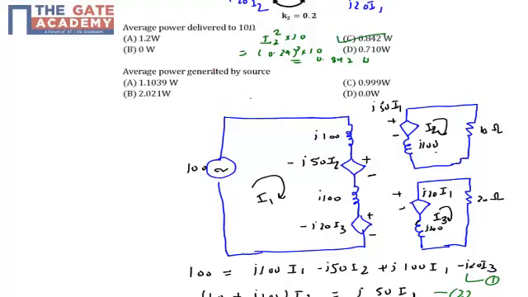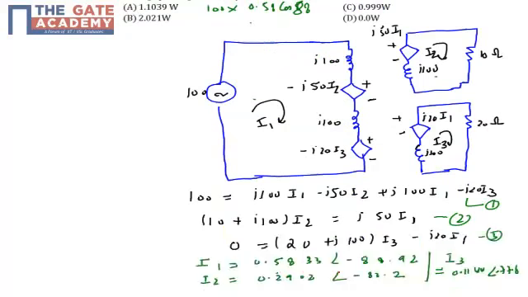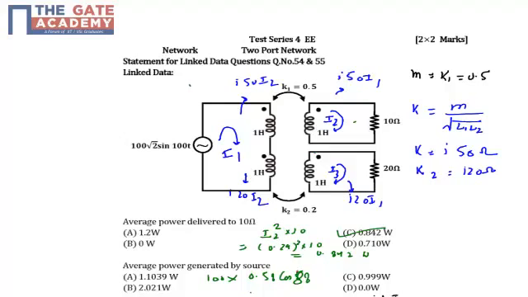And in the third problem, we need to calculate the power delivered by the source, the power generated by the source. The power generated by the source will be the source voltage 100 into the source current, and the source current is I1. So the power generated will be source voltage into source current, which is 0.58 cos of minus 88 degrees, because here I am applying the I RMS into V RMS formula.